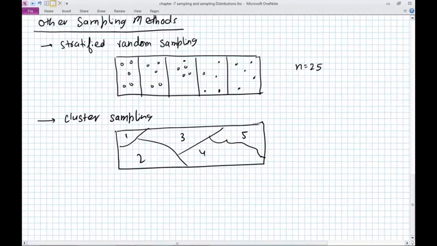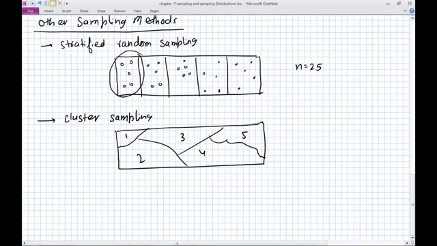Now the key difference between cluster and strata is that within the strata you have a lot of similarity, like everybody with a high school degree or everybody within the group with a PhD degree. But in cluster there's a lot of variation. A cluster could be different states, so people in Massachusetts or people in California, so within the cluster there's a lot of variability.